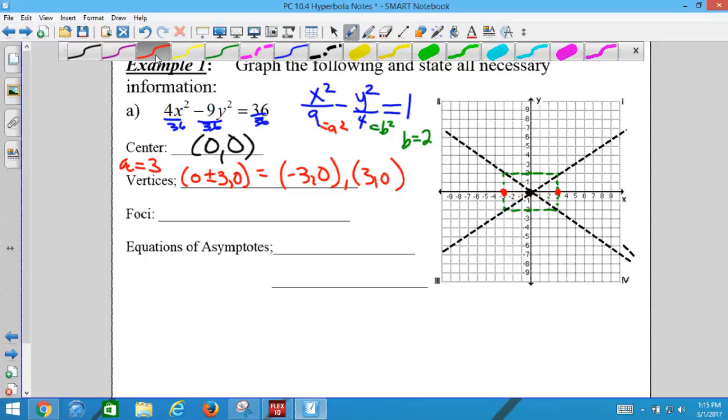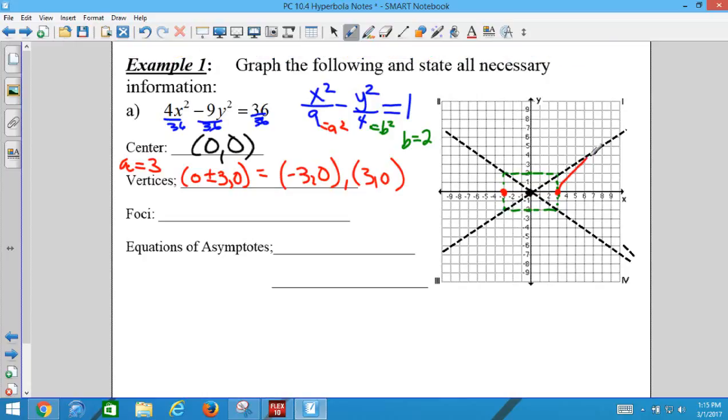So the vertices that I've done in red, those are the start of my hyperbola, and I'm going to curve them out along the asymptotes in either direction to make my hyperbola. So that's why you need to graph asymptotes first, so you know how to draw the hyperbola.